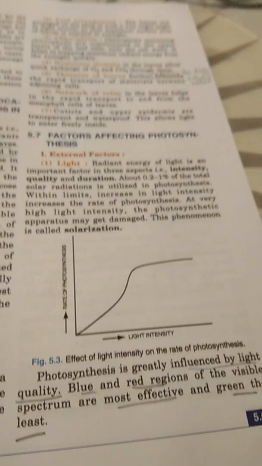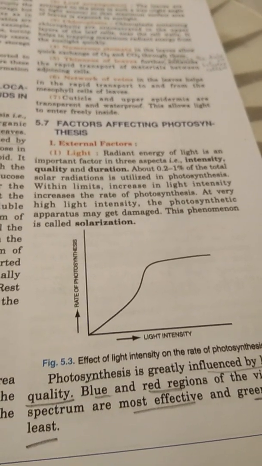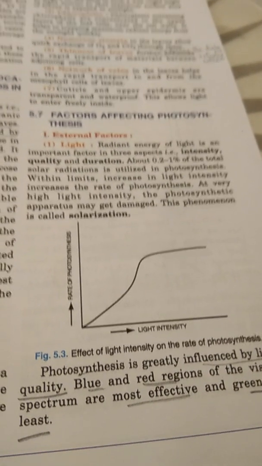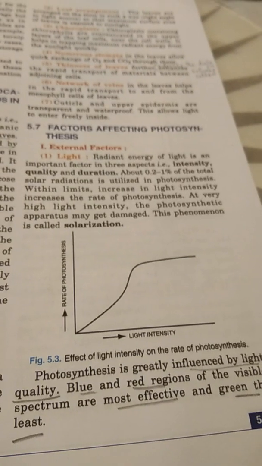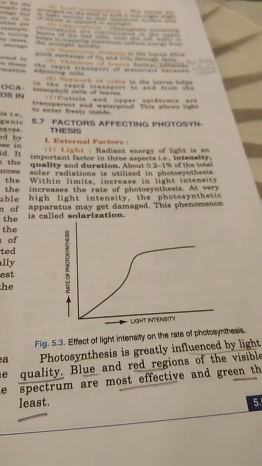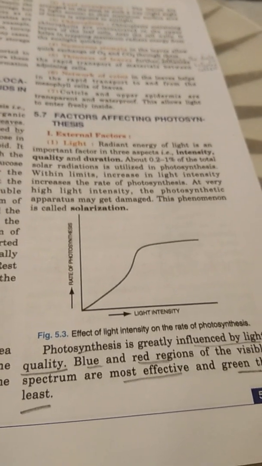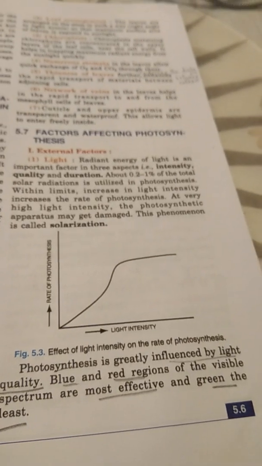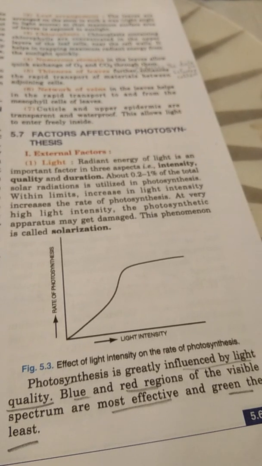It is said that about 0.2 to 1% of total solar light is utilized in photosynthesis. Within limits, if we keep on increasing the intensity of light, means light should be made stronger and stronger, photosynthesis will keep on increasing, but up to a certain limit.